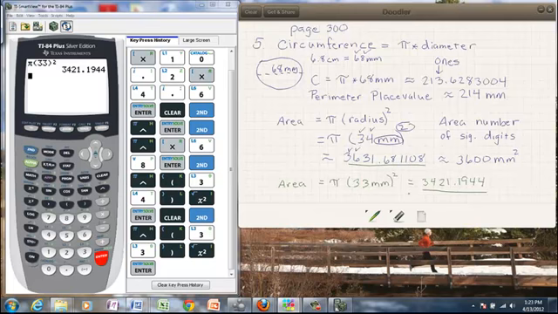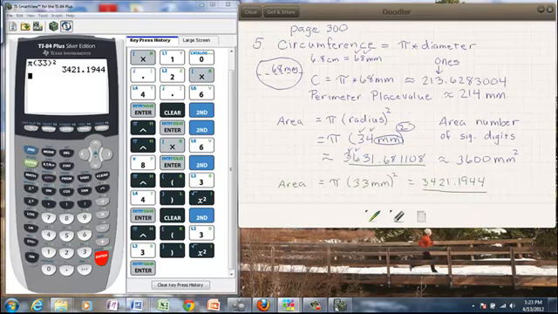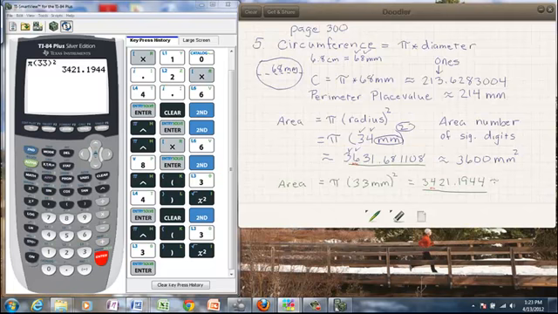Now look how many digits disagree in these two numbers. And look at the ones that do agree, and then where they start to disagree. Well, the 3's agree, but already right here, the 6 and the 4 are disagreeing. Now, if I follow my rounding rules, I should round this number to only 2 significant digits, which would be 3,400 millimeters squared.